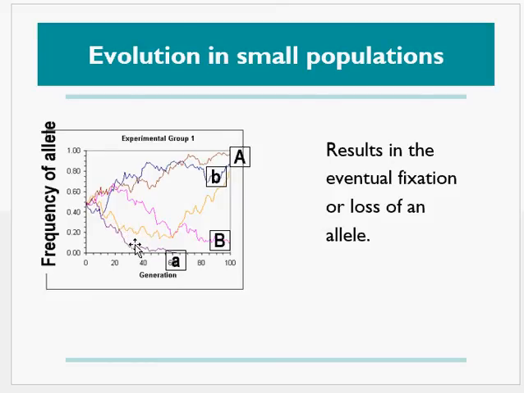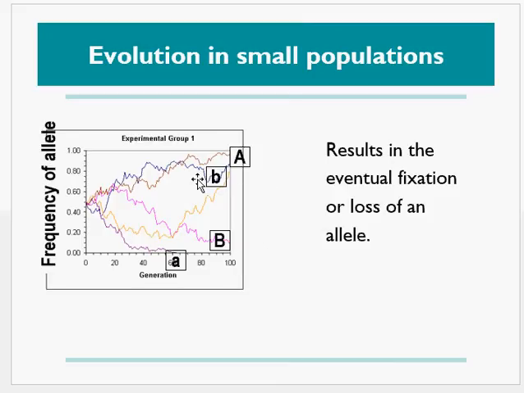And eventually there will be a point where, if there's only 10 individuals in the population, only the small b allele is actually passed on to the next generation, and the big B allele falls to 0, and it is no longer represented in the population. So the locus or the gene has been fixed on the small b allele. Okay? So this is known as random genetic drift.